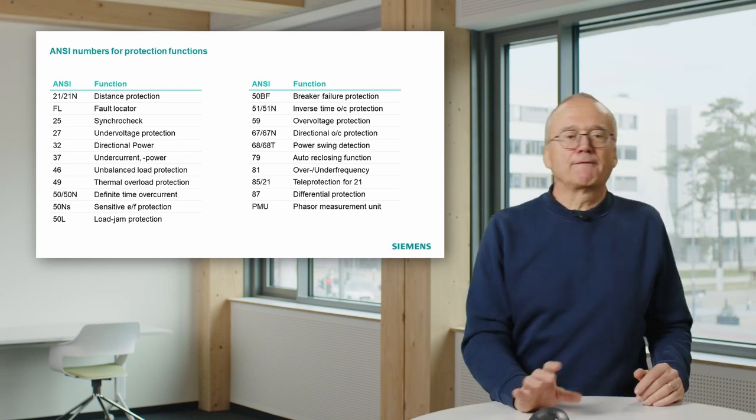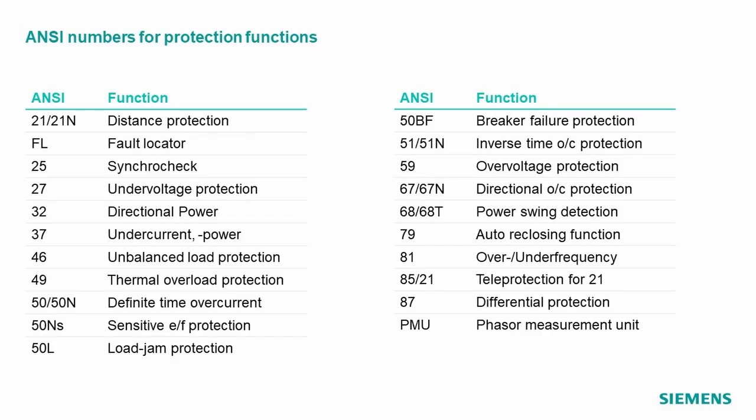You sometimes find the letter N behind a number, then it's a function which reacts on earth fault or which is tuned for earth faults. We also have NS, the lowercase s means sensitive.